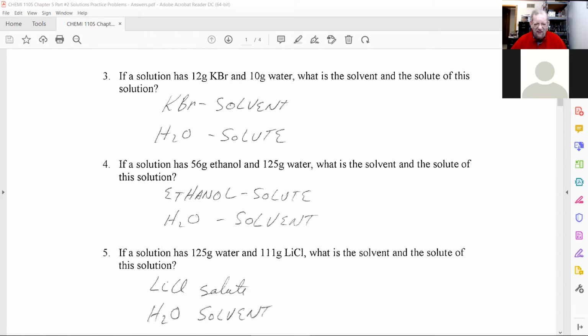All the other components, which in this case are water and ethanol. So remember, a solvent is the component present in the greatest amount. 500 grams is greater than 30 or 50. And all the other components are called the solute if there's only one, or solutes if there's more than one.